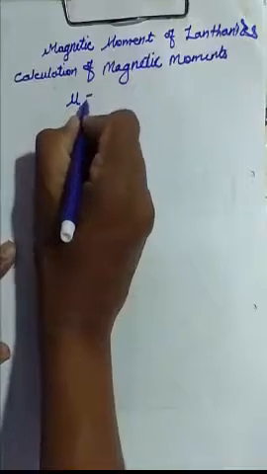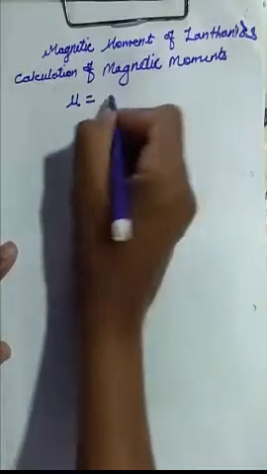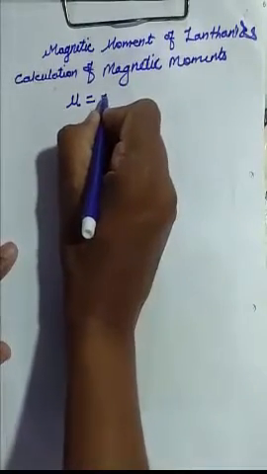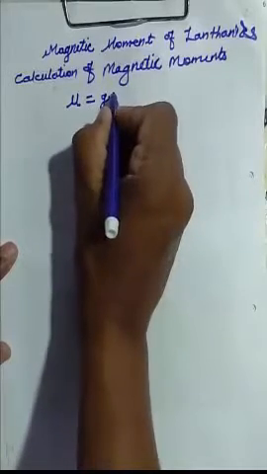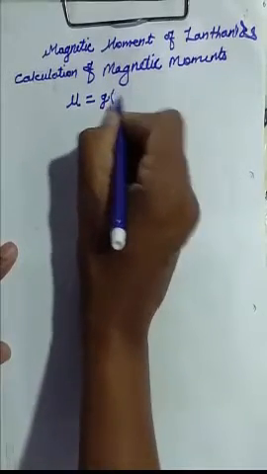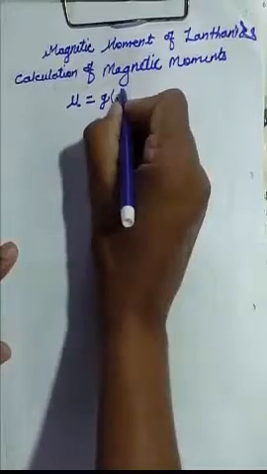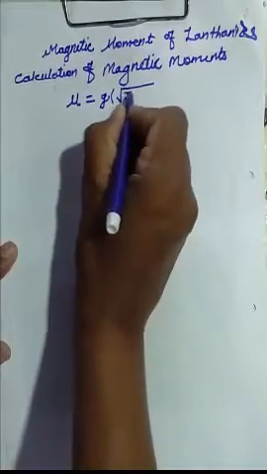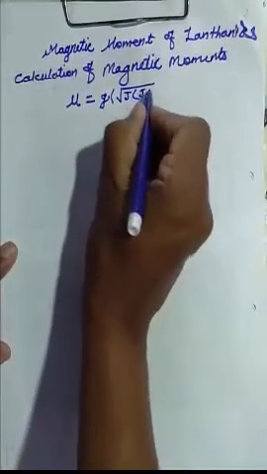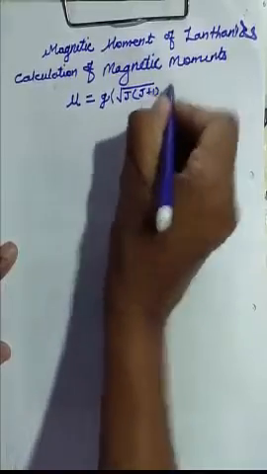Mu is equal to Z into root of J into J plus 1.